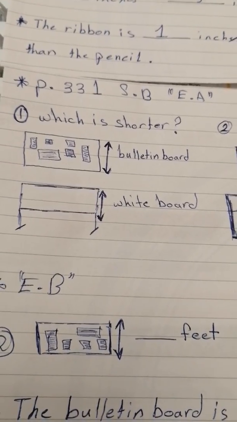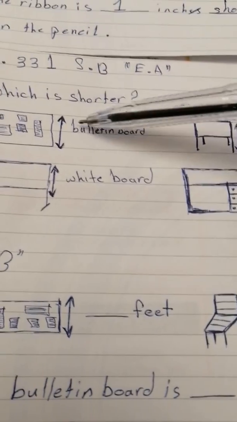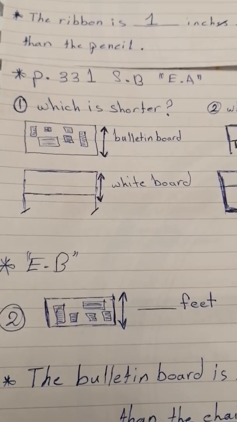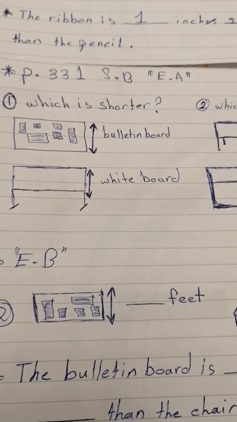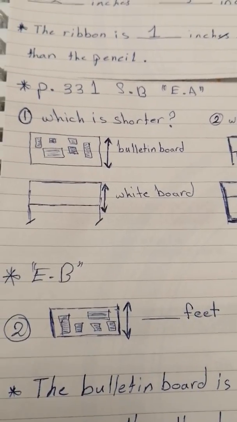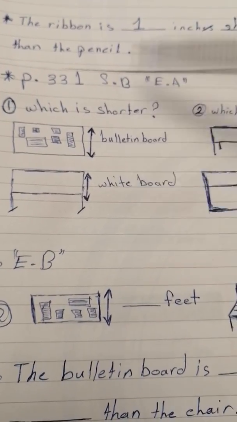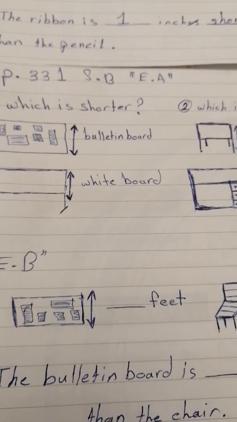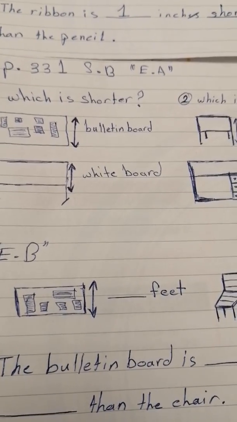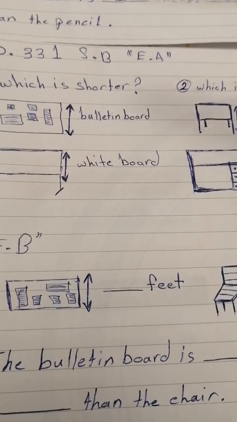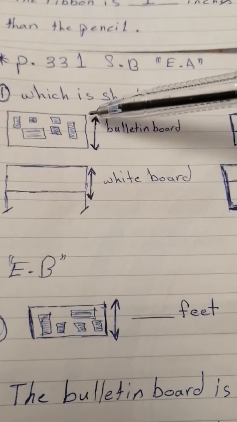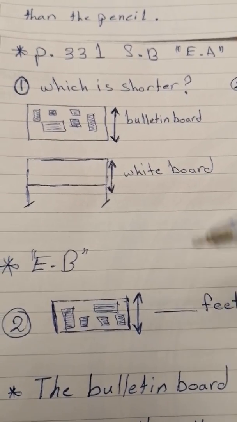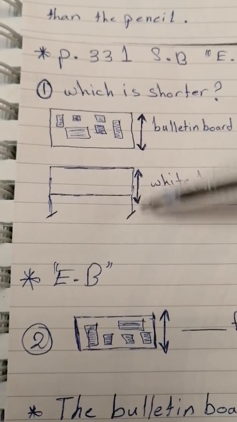Now, we have to measure the length firstly. We have to measure the length by using the correct tool for measuring these objects. And then we have to decide. If you see with me, look at the bulletin board and look at the length of it, and then look at the whiteboard and the length of it.